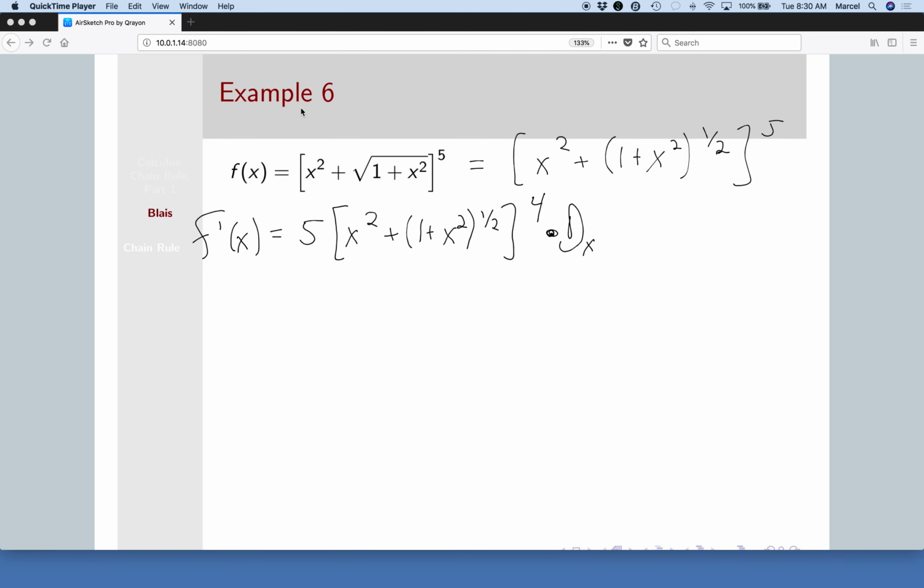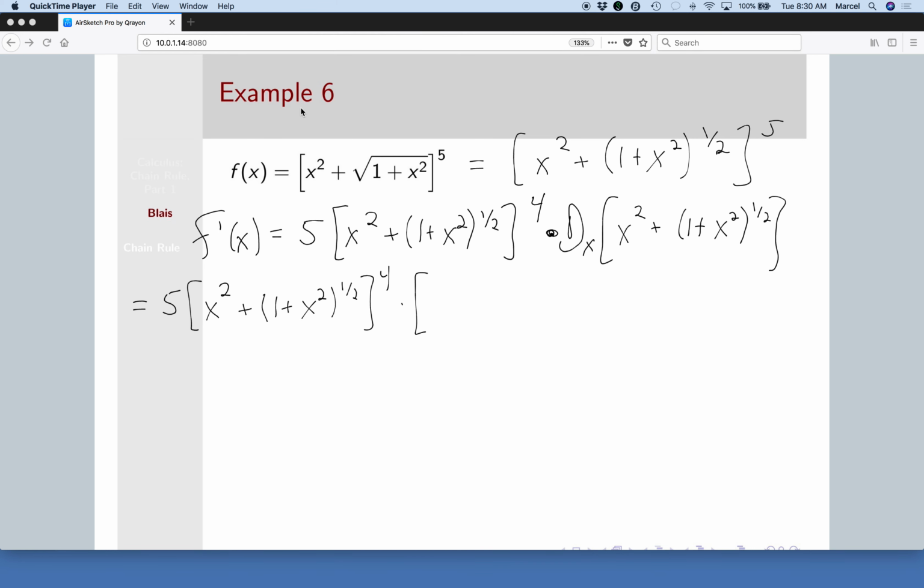So we haven't actually done that derivative yet. We want the derivative of the inside. And we can continue. So we have 5 times x squared plus quantity 1 plus x squared to the 1/2 raised to the 4th times, okay, now we can come in and do these term by term.